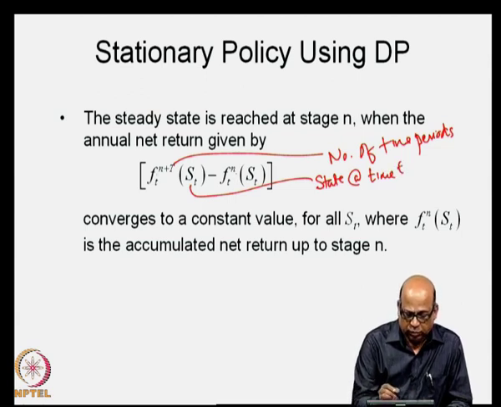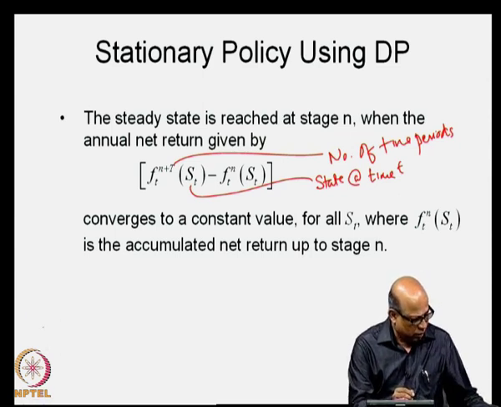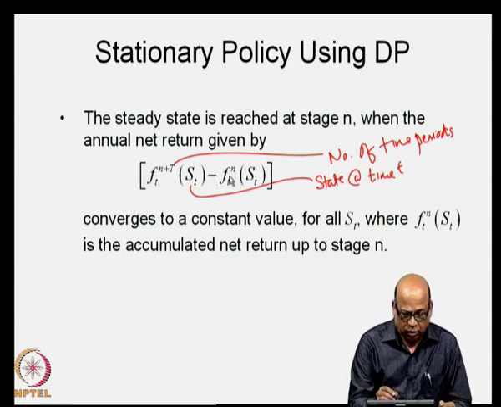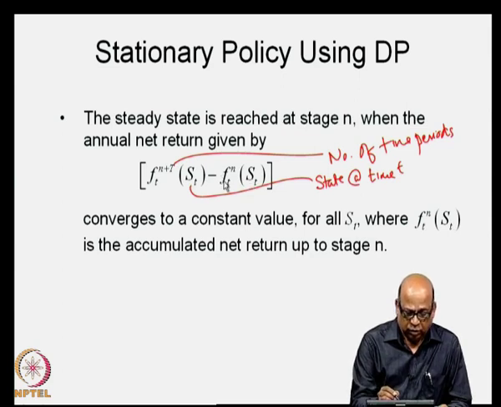Now, look at this term here. What does it give? This shows that f t n, which is for time period t, which corresponded to a stage n for a given state S t, you go to the next year in the computation.